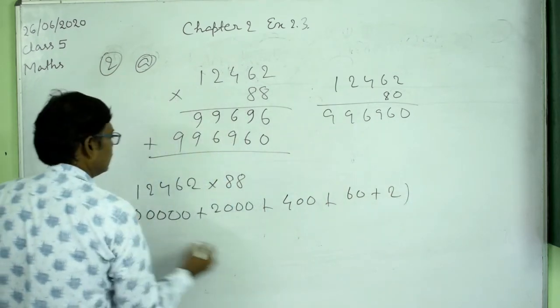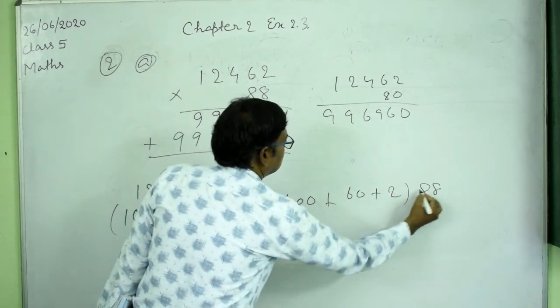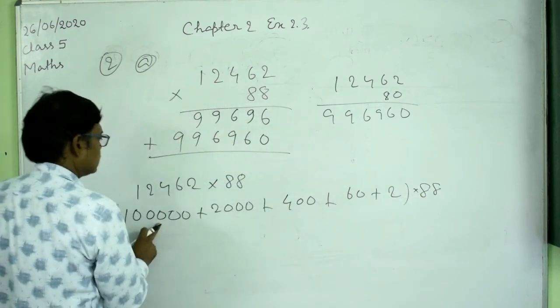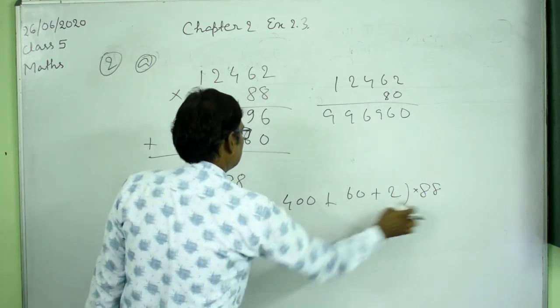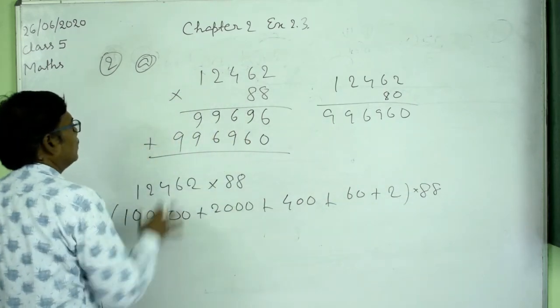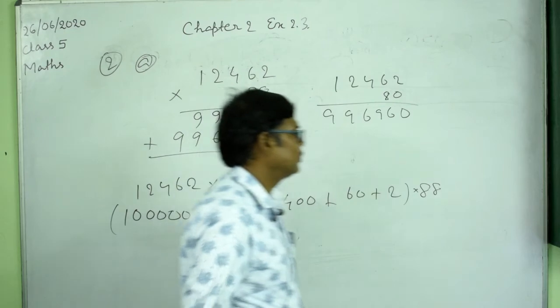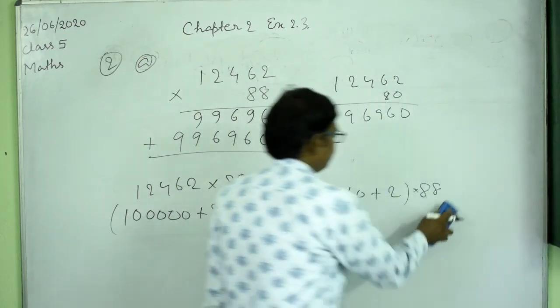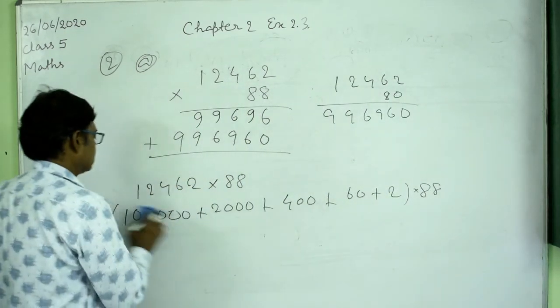Okay, and then you have 88 in this case. So now 88 into this, then 88 into this, 88 into this, and 88 into this and this. So you will add all these numbers. So this is very long, but this is the shortcut method of doing this multiplication. But actually we do the multiplication like this.